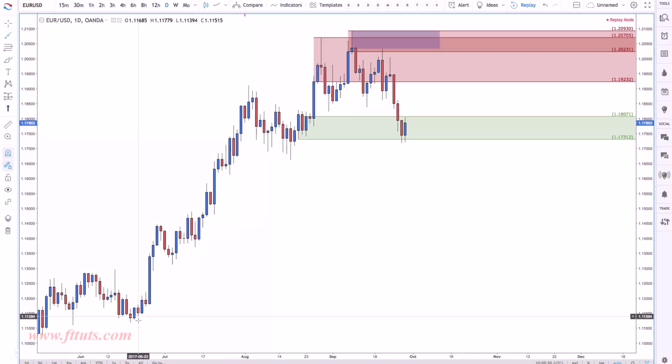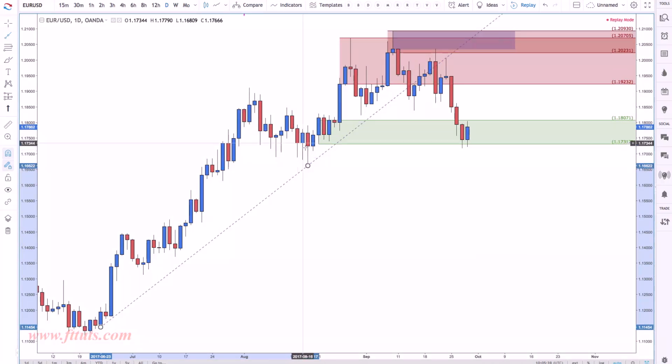Now, just looking for certain levels, understanding that from here to here it was creating higher lows and higher highs.